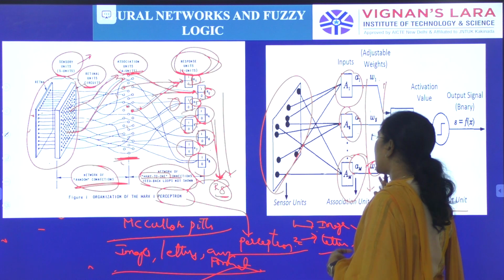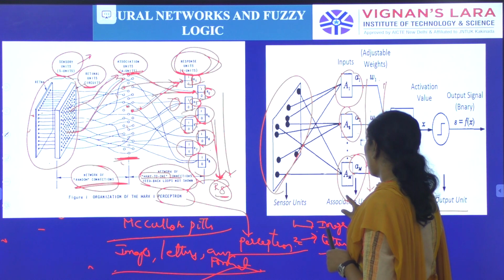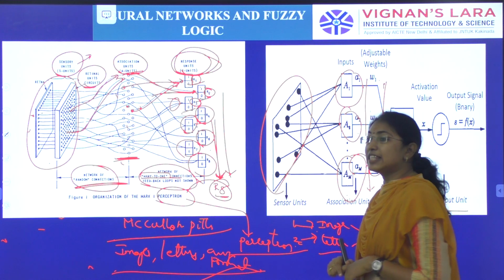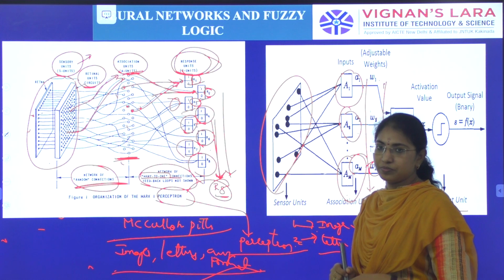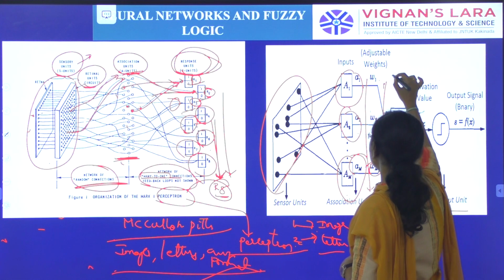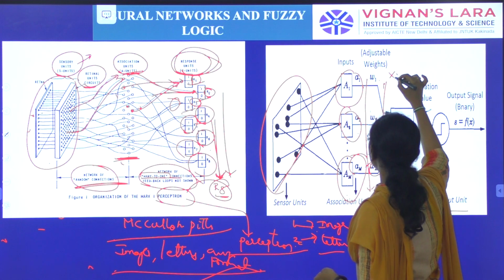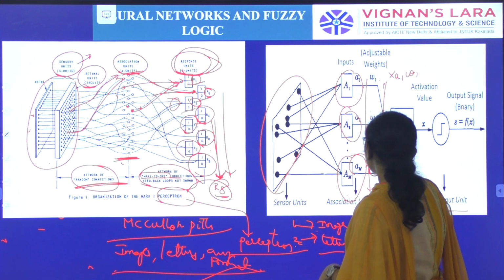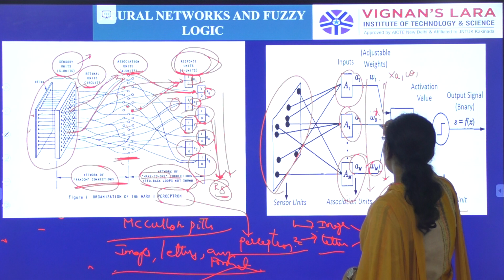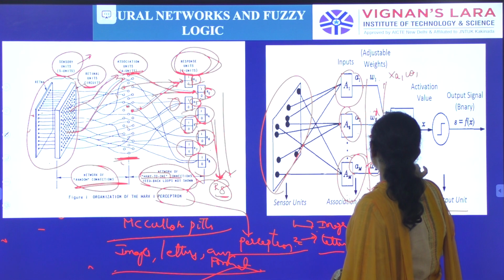So the converted binary format based inputs are transferred to the summation block through the synaptic weights. Now, what is the output you will get at the summation block? At the first input, you will get X1 W1, the second value X2 W2, the third value X3 W3, and so on up to Xn Wn.